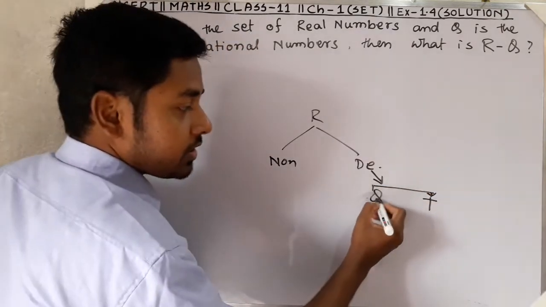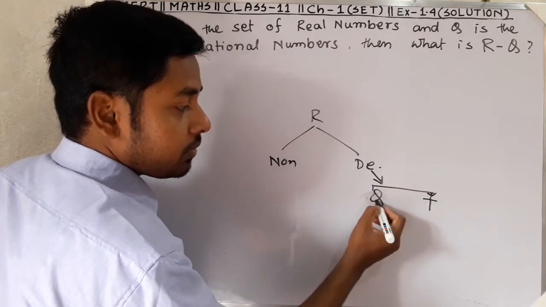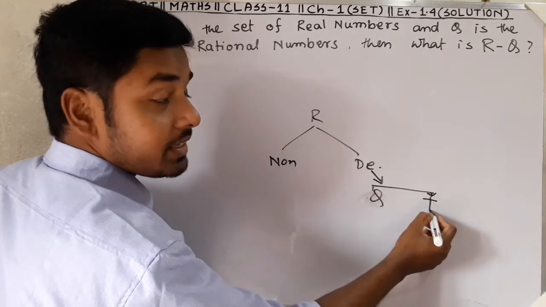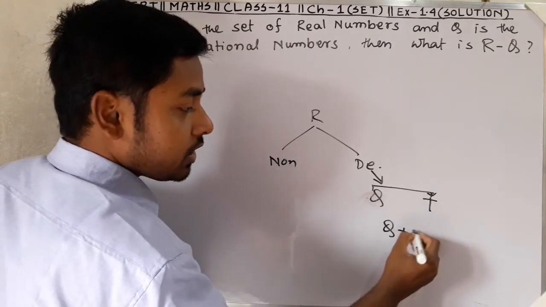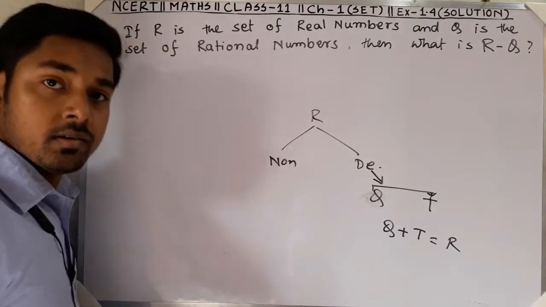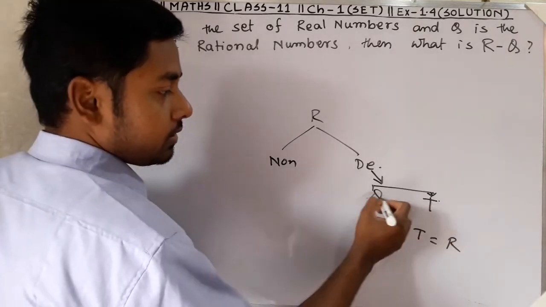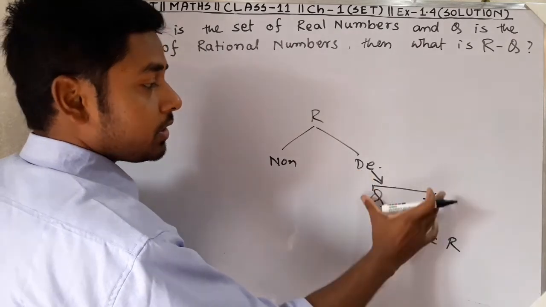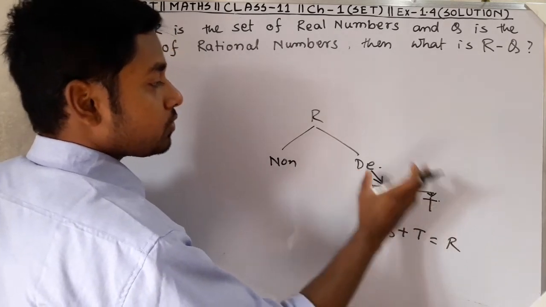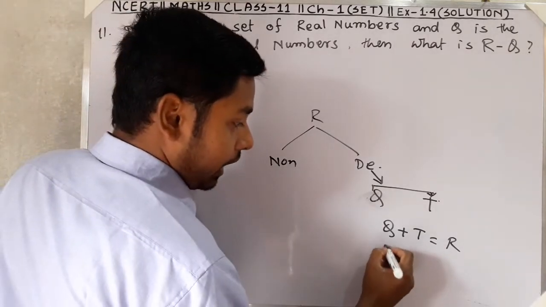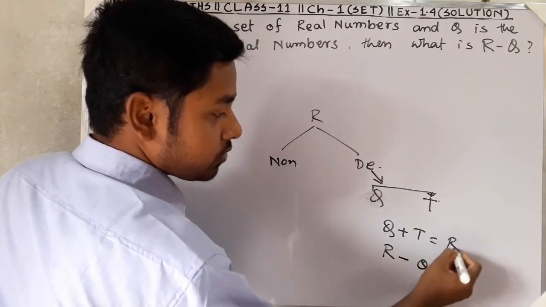Set of rational numbers we denote by Q, set of irrational numbers we denote by T. So rational number plus irrational number will be the real number. Clear? These are the two parts of decimal. Taking these two parts will be the real number.